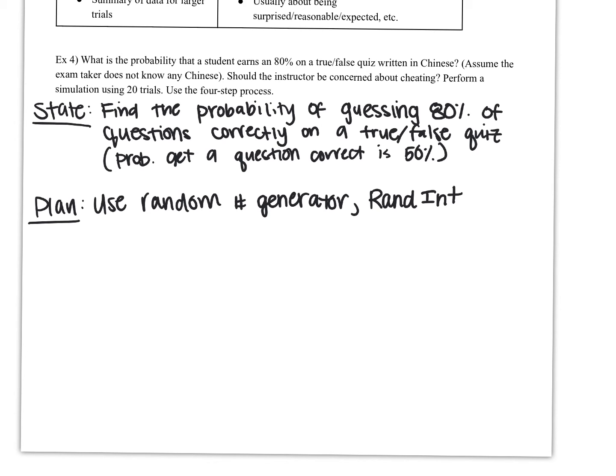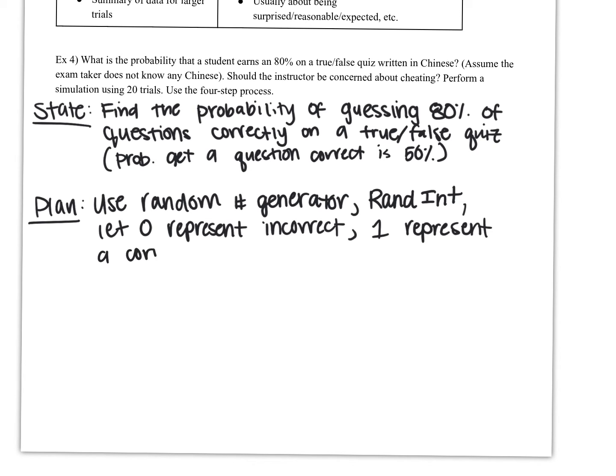Randint. We're going to let 0 represent an incorrect answer and 1 represent a correct answer. Okay.